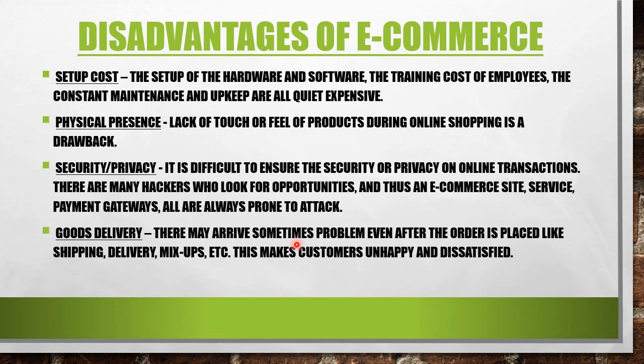Depending upon the place, it can take many days. They say that within 5 days you are going to get your delivery, but sometimes it can be too late, depending upon the shipping. Mix-ups mean sometimes they mistakenly give you another product.